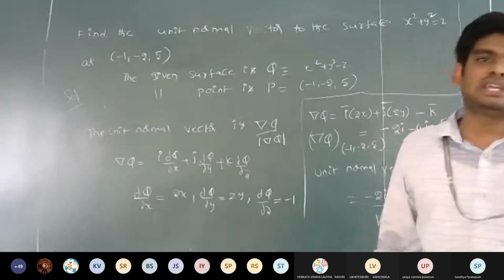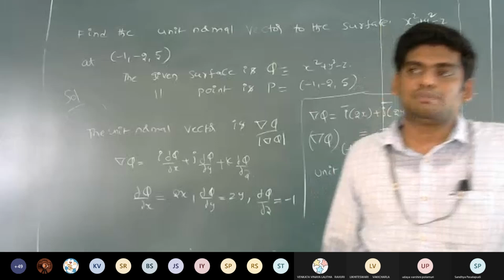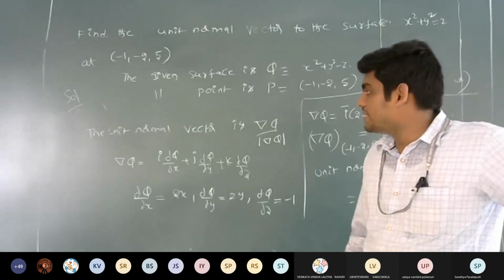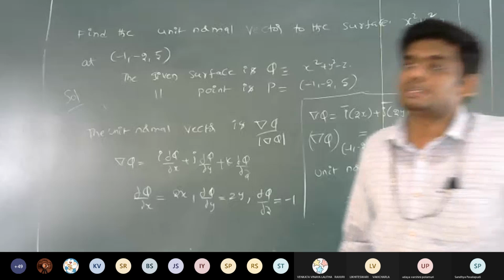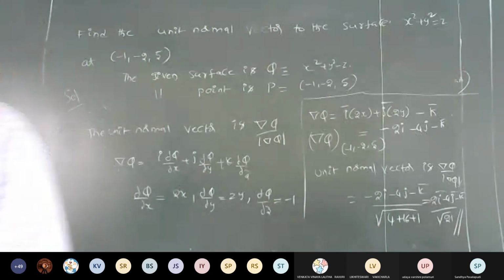Here there is no integration, and there are no new formulas applied. Based on the basic definition, we just calculate the values. So it is a very simple concept, right?